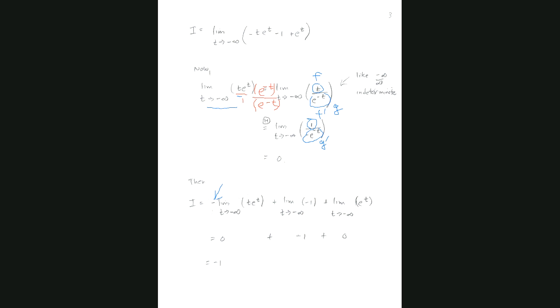And so, Tina, e to the t times e to the negative t is e to the 0, because you have e to the t plus negative t.